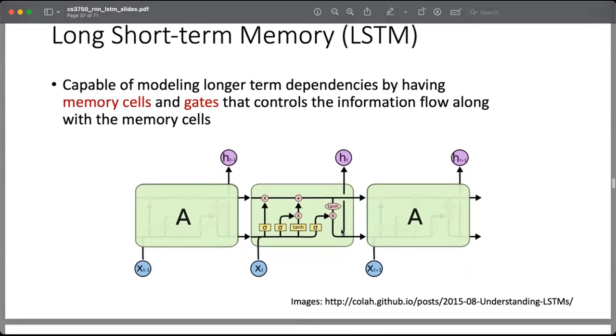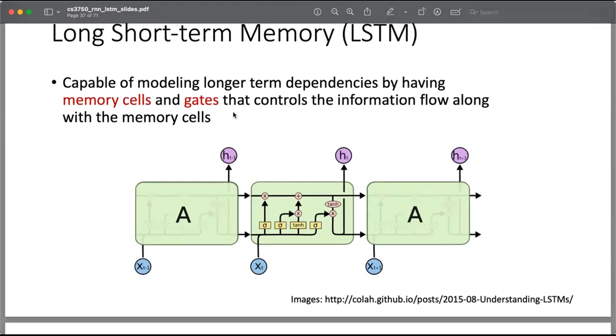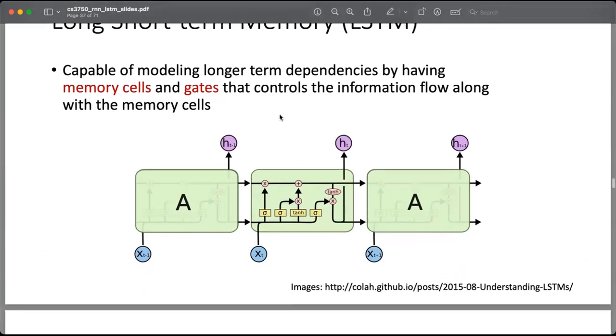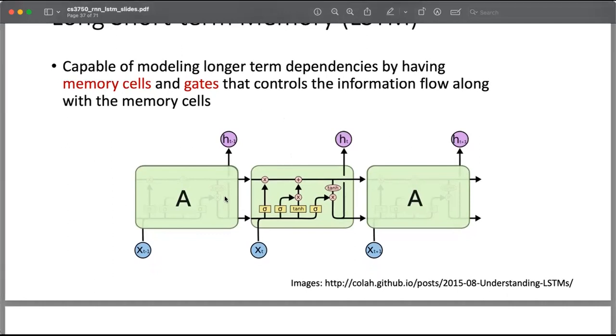This should be capable of modeling these dependencies, and you would have calculations done at given instances, and you may have these memory cells at all stages, or just at some, and the hope is that these keep track of the long-term dependencies.